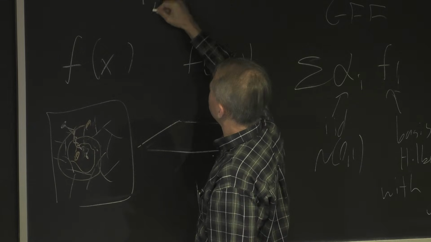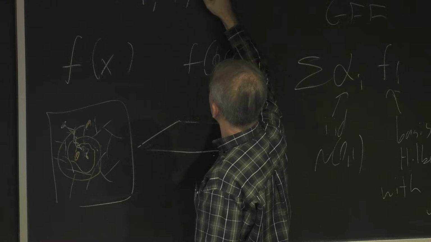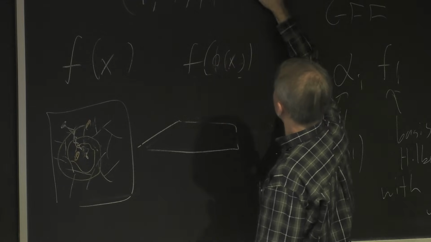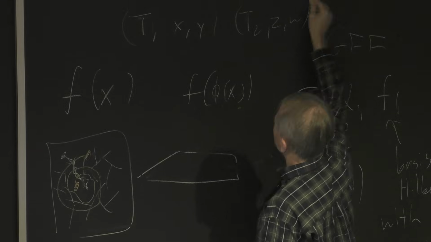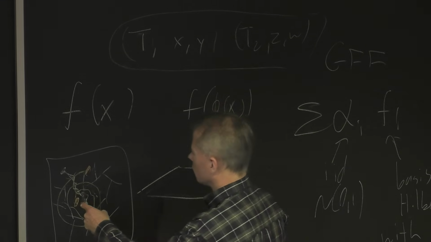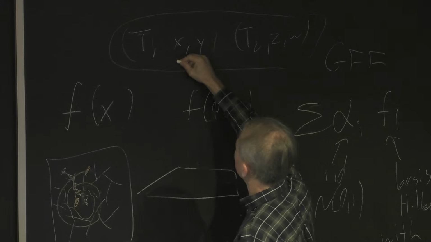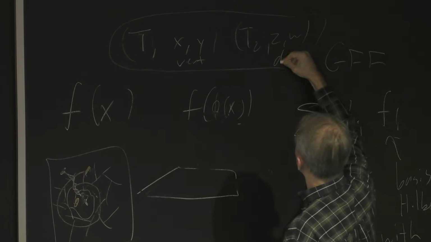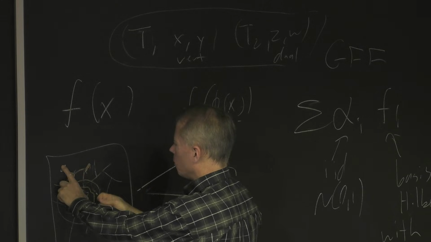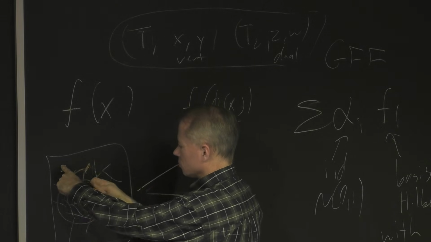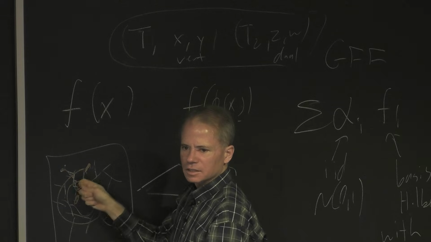So if I give you tree 1 and a pair of points x, y, and tree 2 and a pair of points z, w, you have a way of comparing them because, say these are vertices and these are dual vertices. I can compare these trees by asking, how many times does this branch cross this branch?